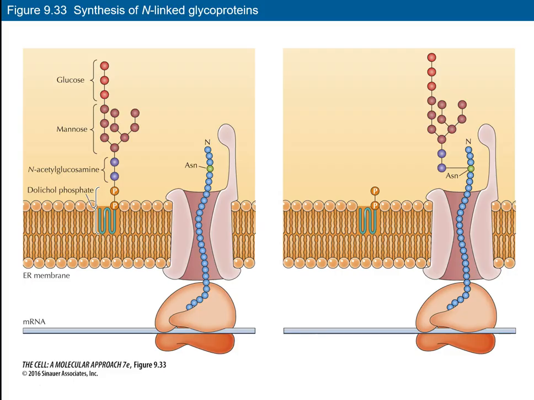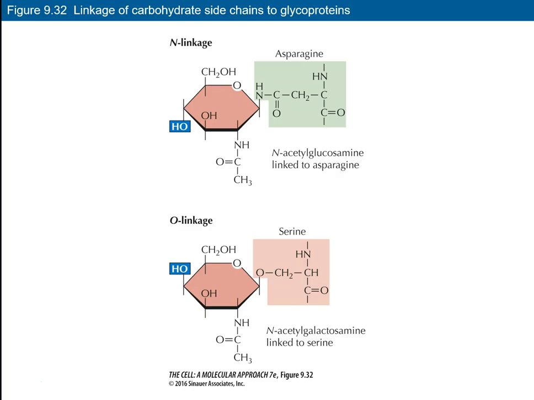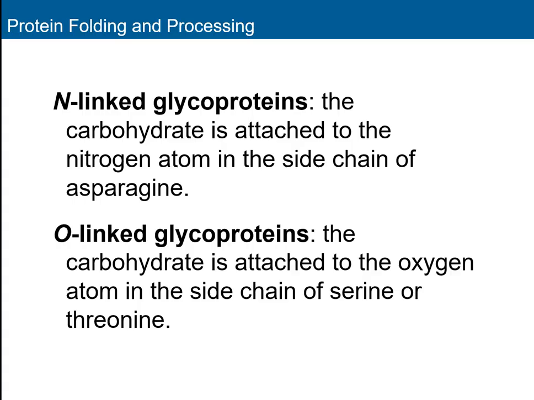So we gave an example of N-linked and O-linked in terms of them being glycoproteins, where the carbohydrates are added. Take home, we need to know what a glycoprotein is. Understand that an N-linked versus an O-linked just describes where the carbohydrate chain is attached within the protein.